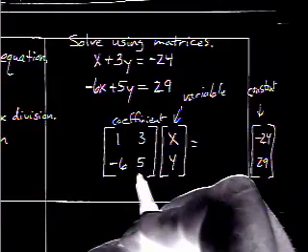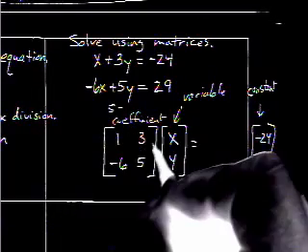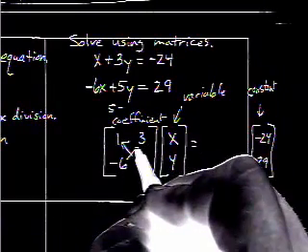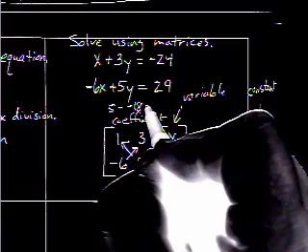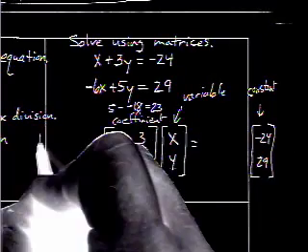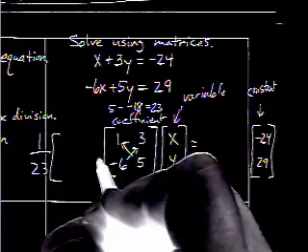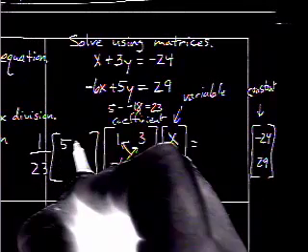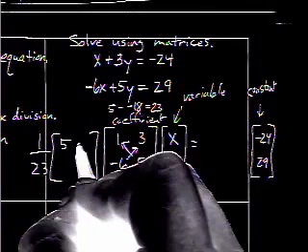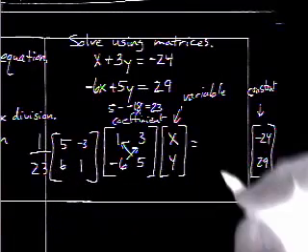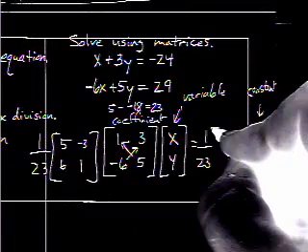Alright, so we need to find, let's see here, 5 minus, right, 5 minus negative 18 is 23. How interesting. So 1 over 23, switch the 1 and the 5, multiply the other ones by negative 1, and copy that down to the other side.